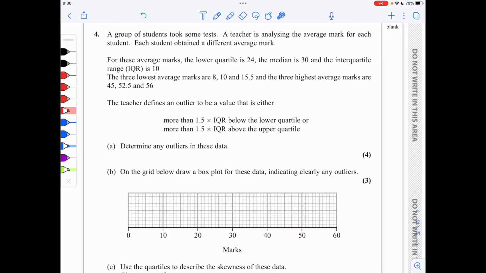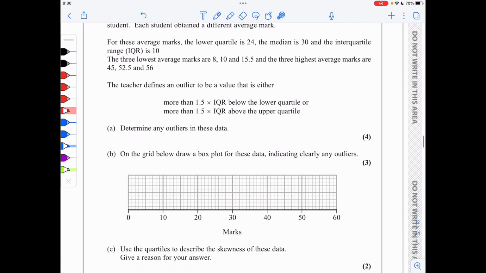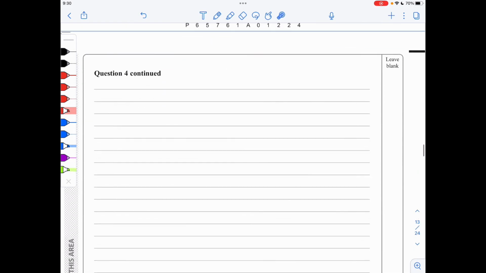In order to do that, I will start by finding the upper quartile. We know that the upper quartile Q3 is simply the lower quartile Q1 plus the interquartile range. So that's going to be 24 plus 10, which gives an answer of 34. Now, if we do the lower quartile minus 1.5 times the interquartile range, we get a value of 9.